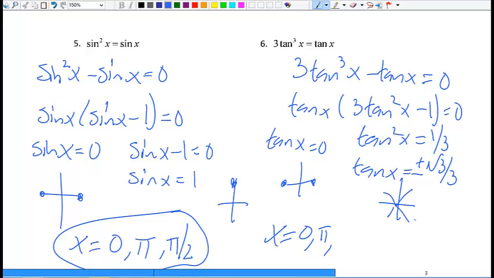So it's all forms of pi over 6. So pi over 6, 5 pi over 6, 7 pi over 6, and 11 pi over 6.